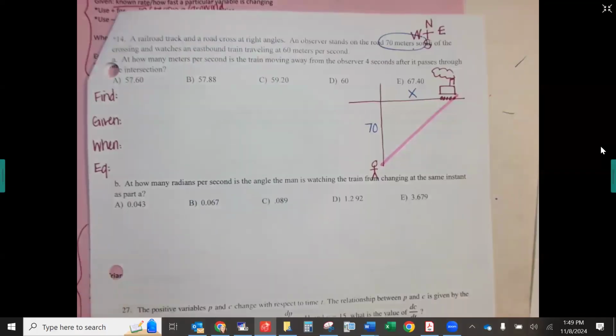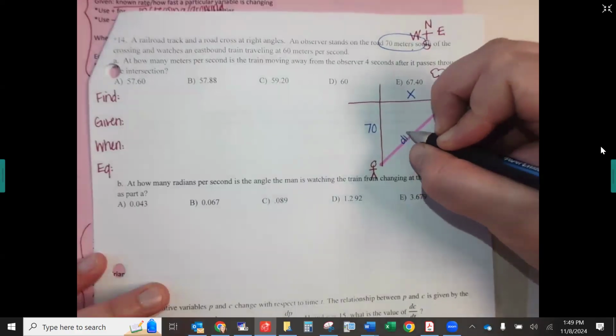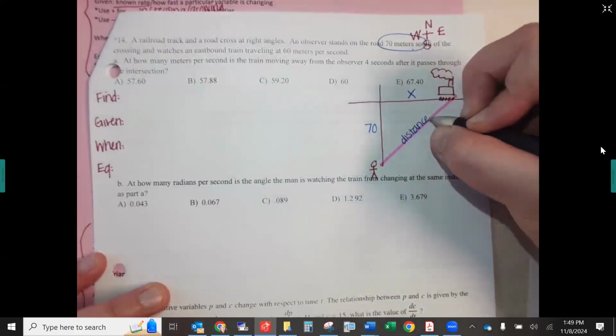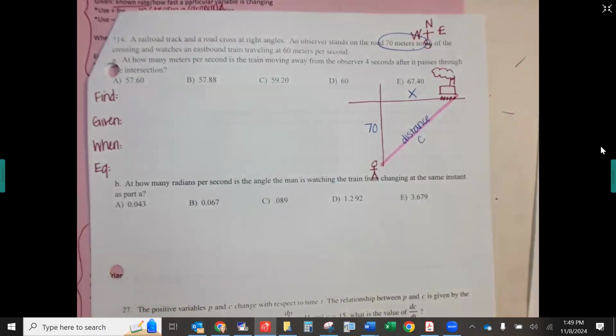We're going to call the distance that they are apart from each other C. All right, fill in your find, given, when. Think about what we are finding, what we are given, and what our when is. 70 is part of the picture, so you don't have to put that in anywhere.